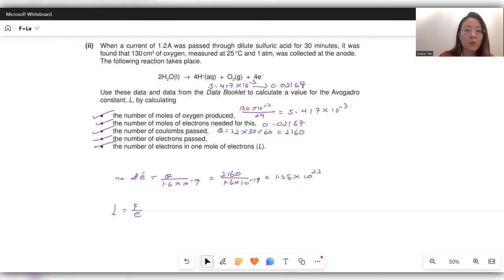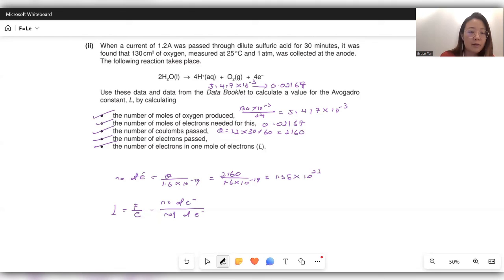But the problem is they do not know what F is. That's the reason why you have the other version: Avogadro constant is defined as the number of electrons divided by moles of electrons, isn't it?